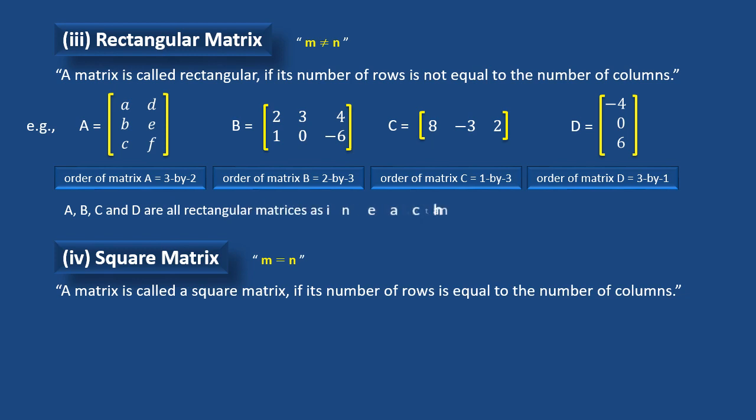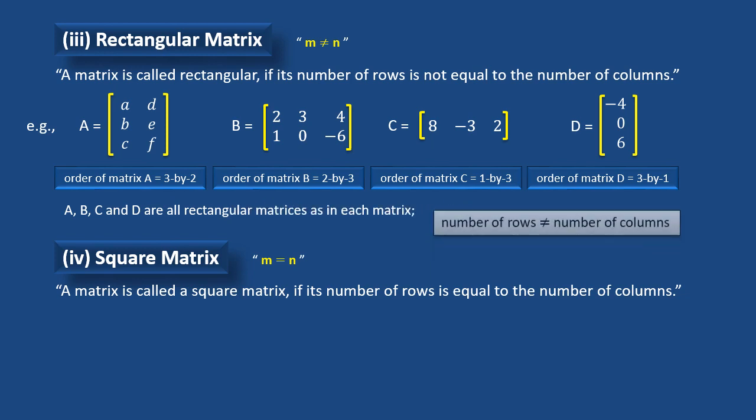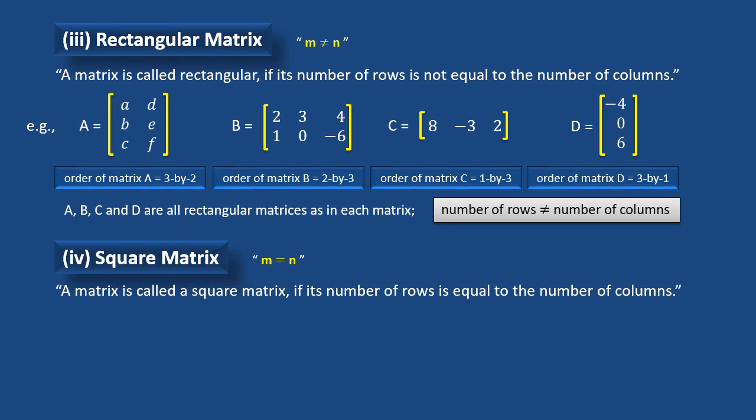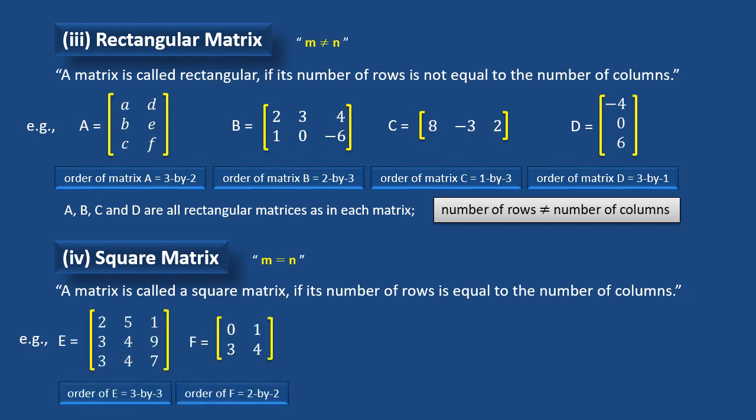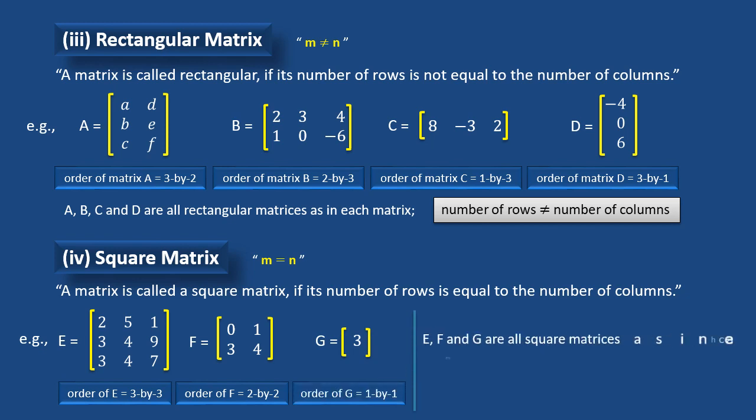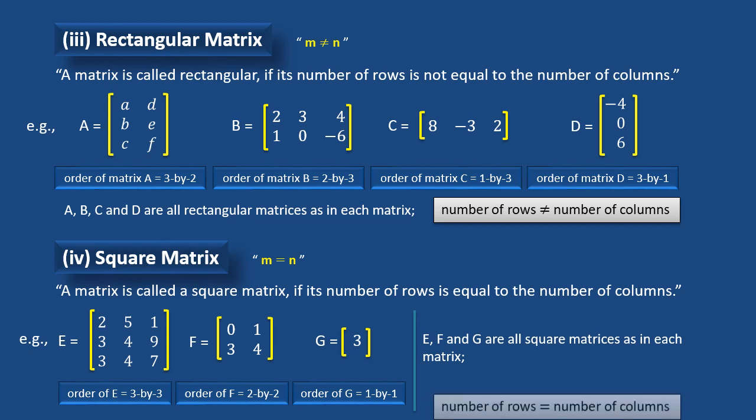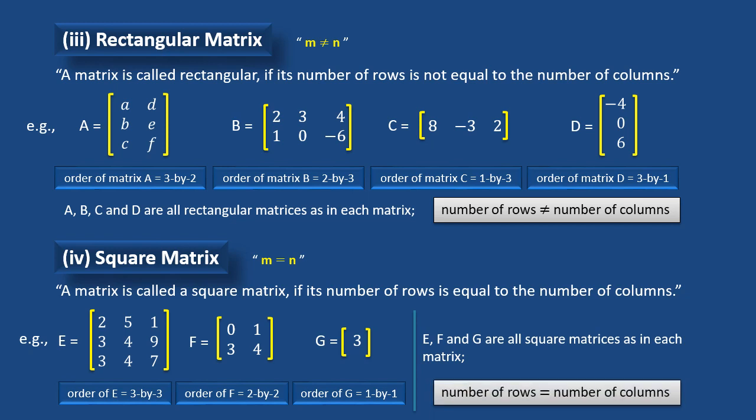So, A, B, C, and D are all rectangular matrices, as in each matrix number of rows is not equal to the number of columns, whereas matrices E, F, and G are all square matrices, as in each matrix number of rows is equal to the number of columns.